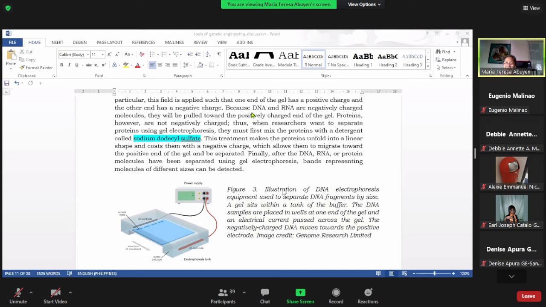In the next distribution of modules, you will submit your output to the barangay distributor. The first activity will be submitted on Monday. The hard copy.